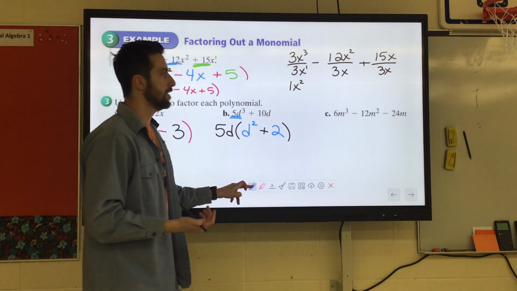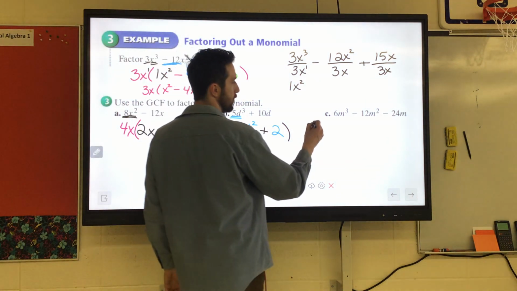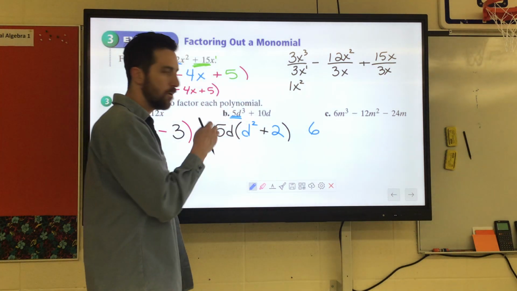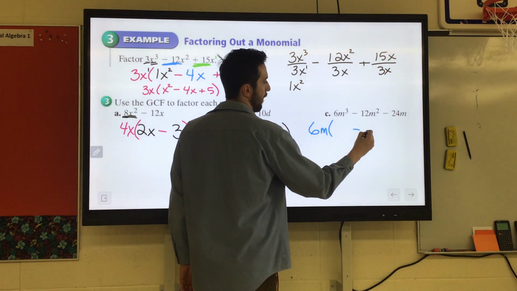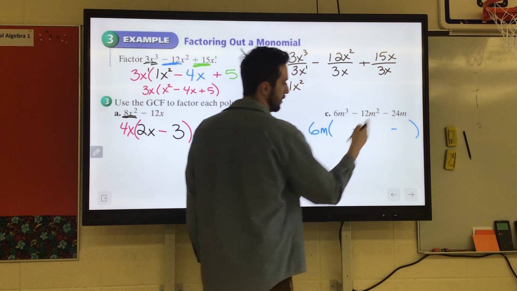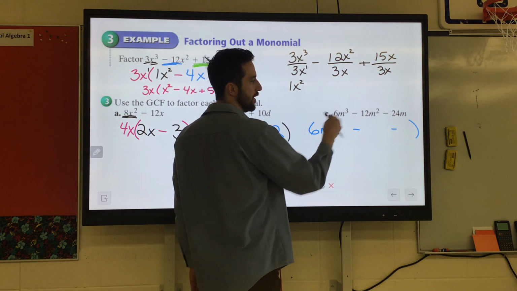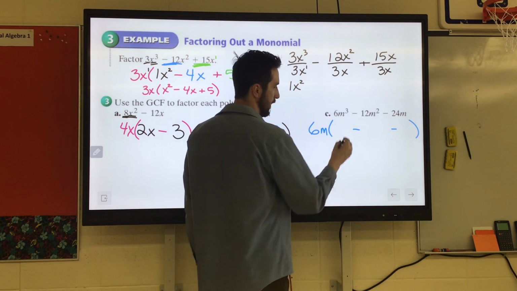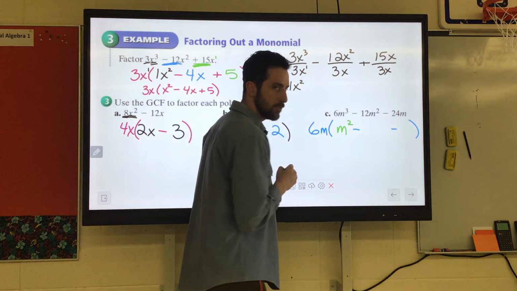And then on C, looking at the numbers 6, 12, and 24, 6 goes into all of those. They all have at least m to the first power. I'll throw in my signs there. I just brought them right down. 6m, I need 6m to the third. What's missing? m squared. I have 6m, I need negative 12m squared.